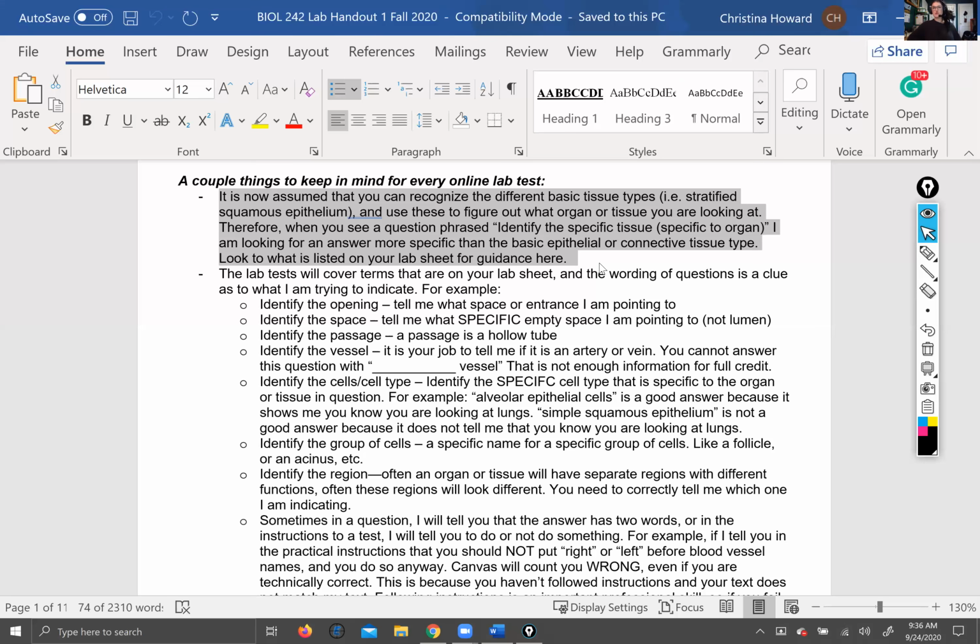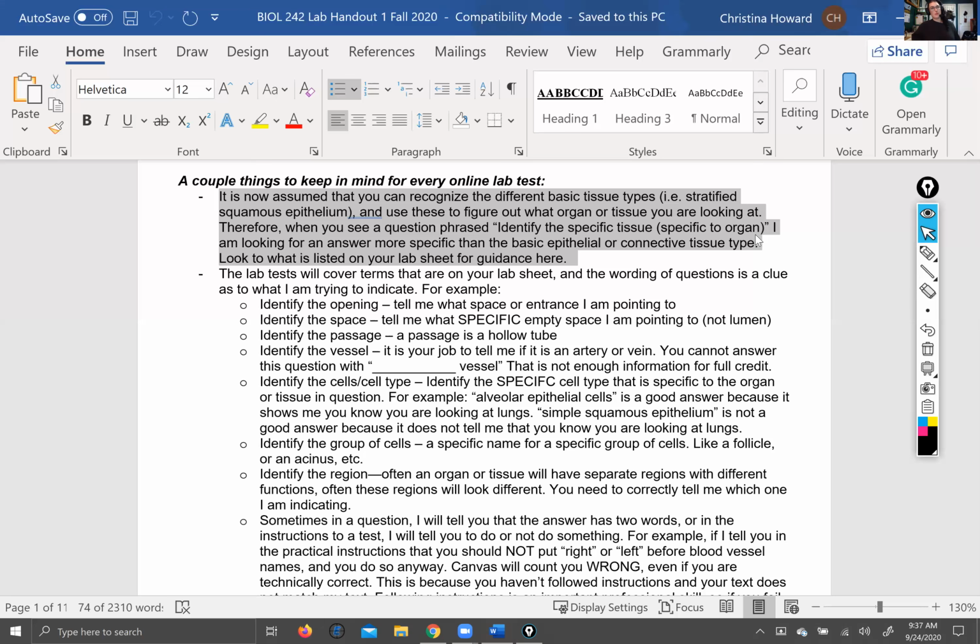Now, identifying tissue types is specific to organs, and you're going to look for specific combinations and manifestations of tissue types to figure out what organ or tissue you're looking at. So the reason I say this is because I will ask a question occasionally like, identify this specific tissue type, and then I'll say something in the parentheses like specific to the organ. This is me telling you, you need to be more specific than, say, pseudostratified columnar epithelium.